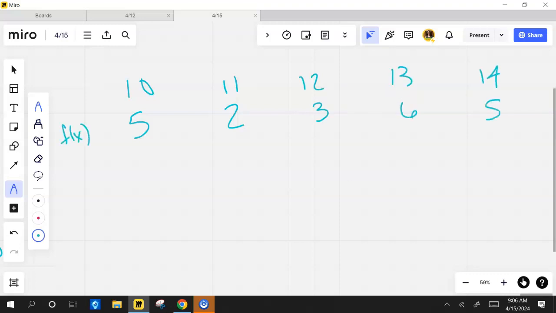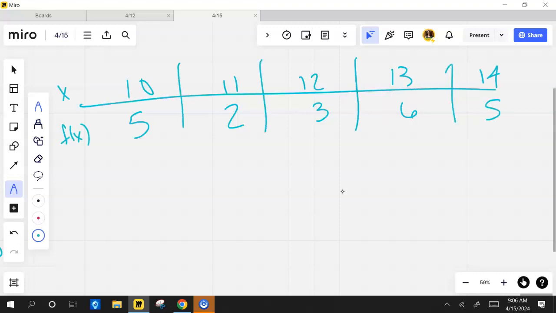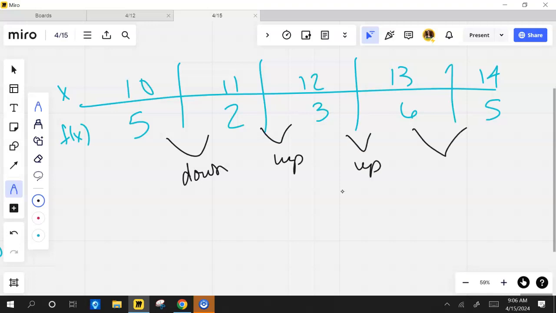This is f of x. And so here, I'm going down, I'm going up, I'm going up, and I'm going down, right? So decreasing, increasing, increasing, decreasing, and it says which of the following must be true.